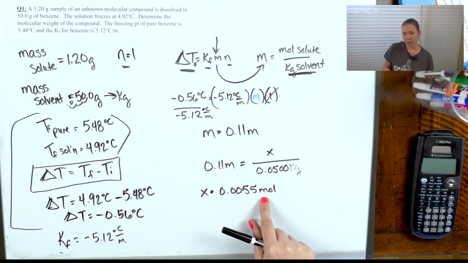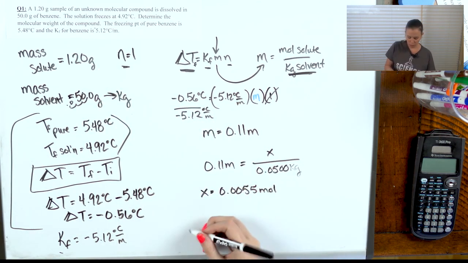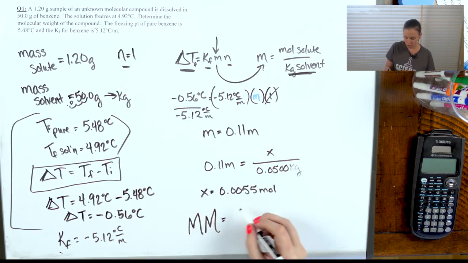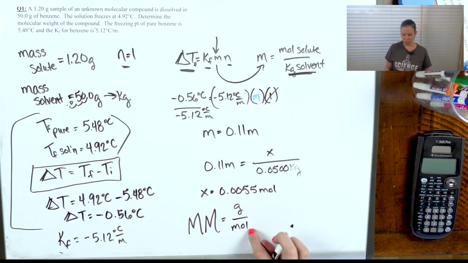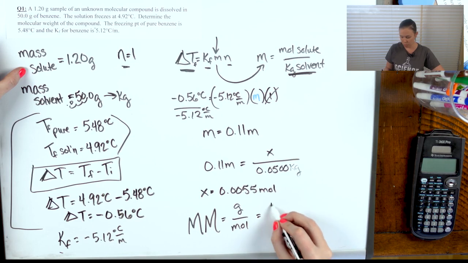But in order to get molar mass, I need my grams per mole. So remember, we can use the molar mass units essentially as a formula. So if molar mass is grams per mole, and I'm trying to find the molar mass of the solute, I have the mass of the solute from the very beginning. That was the 1.20 grams.